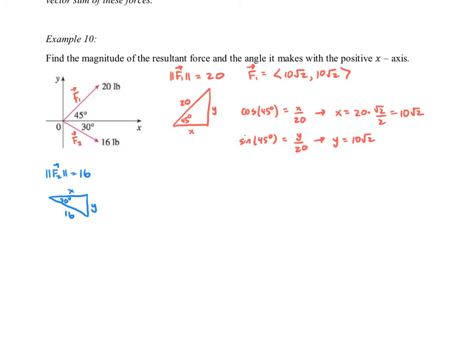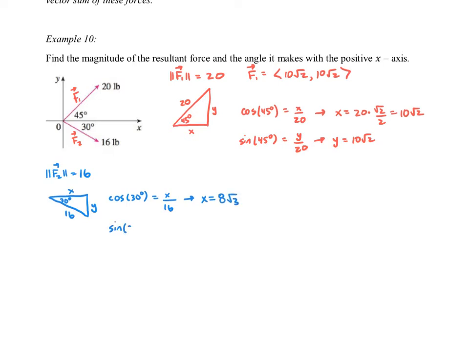So when we take cosine of 30 degrees, it gives us x divided by 16. Cosine of 30 is going to be root 3 over 2, and multiply that by 16, and we're going to get x equal to 8 root 3.